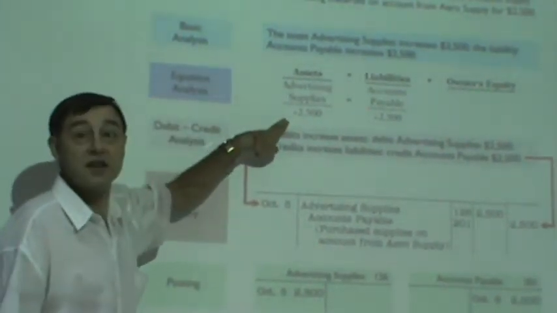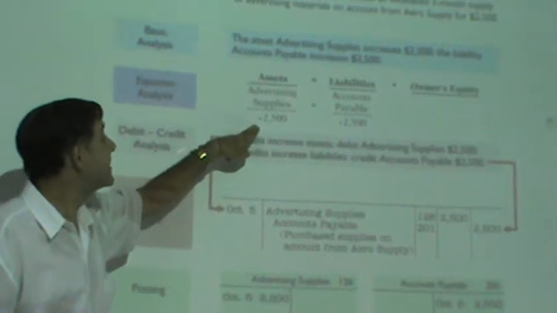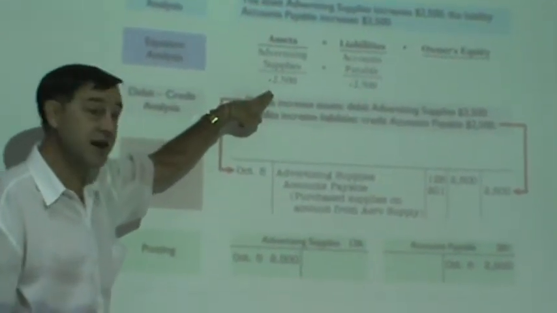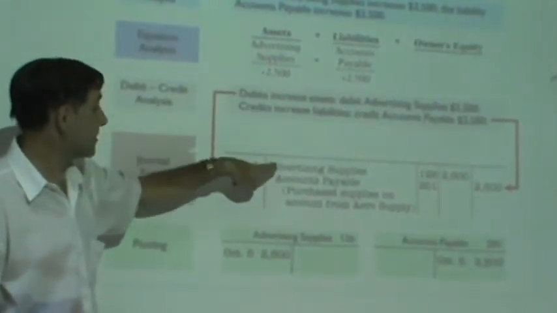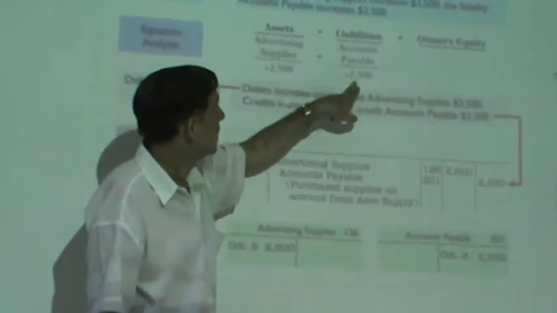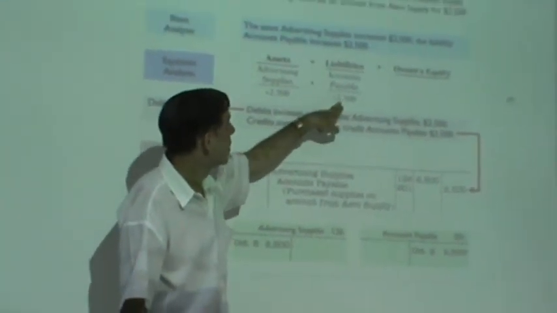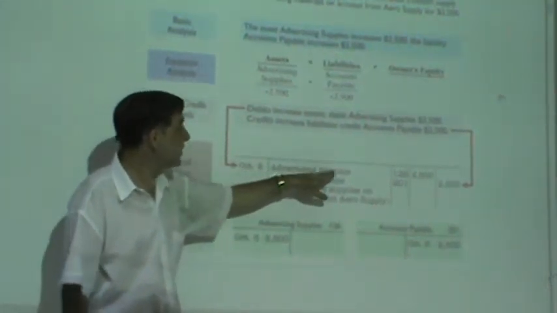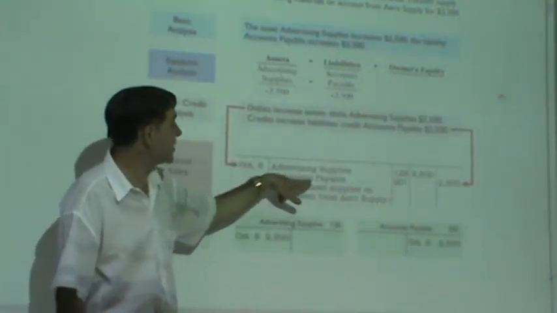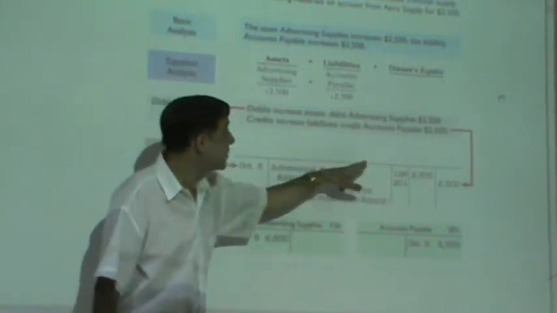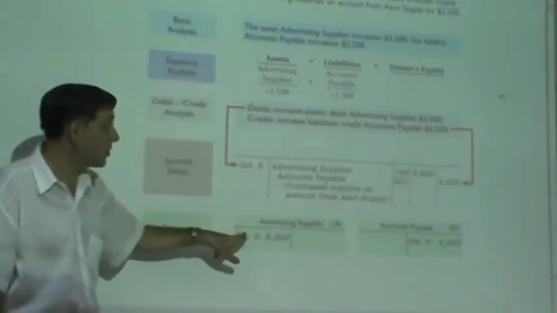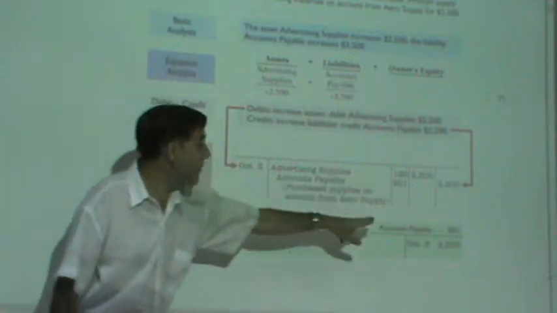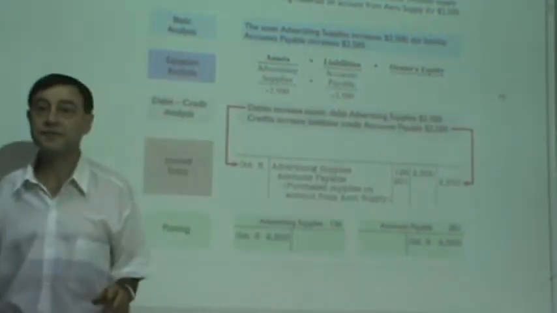Supplies an asset goes up, so you say debit supplies, and this one is going up, becomes credit accounts payable. There it is. Debit supplies, credit accounts payable. The supplies debit gets copied here, and the accounts payable gets copied here. That's it. We move on.